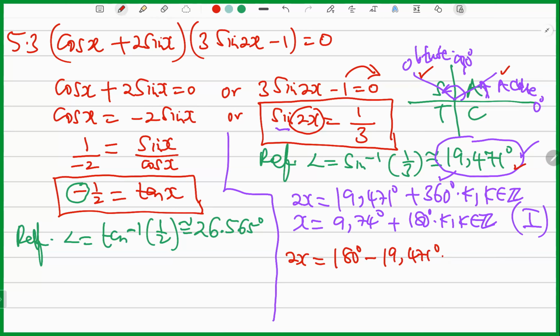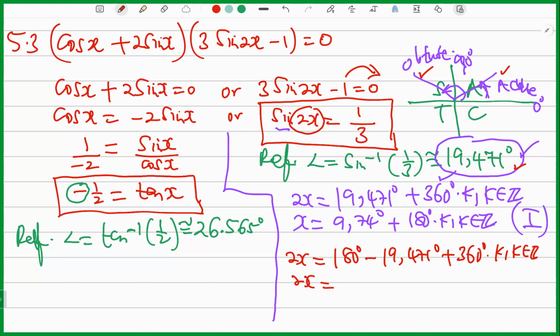And then we must add multiples of the period of the sine function, and k is an element of the set of integers. So this is 2x equals 180 degrees minus 19.471 degrees, and you must get the result.